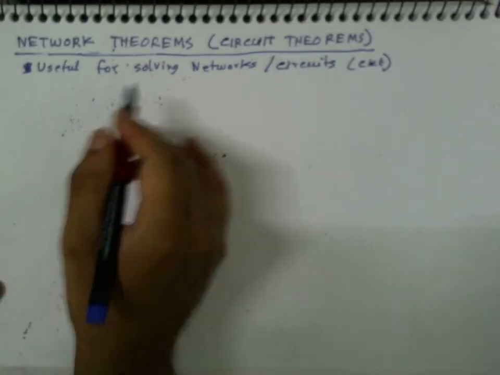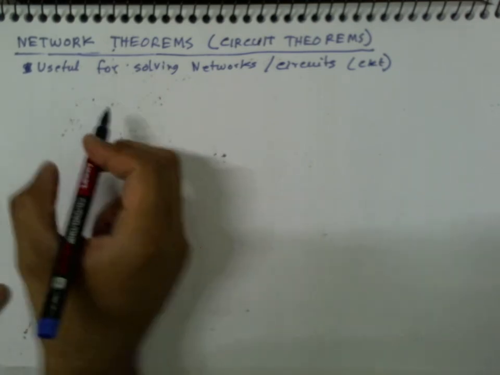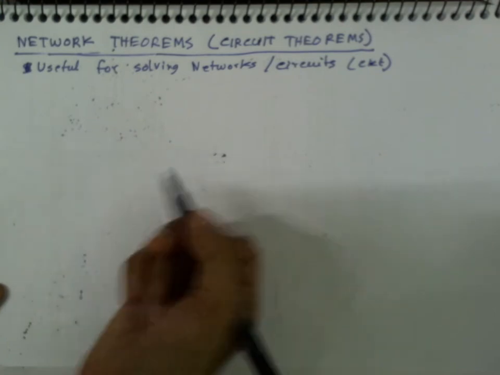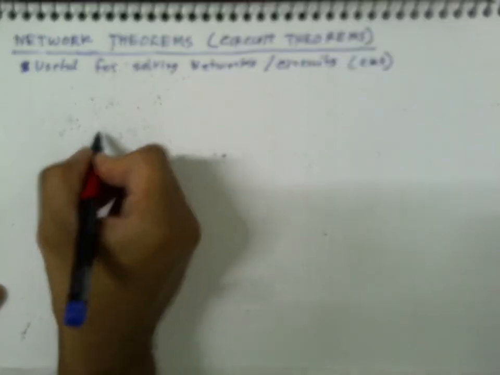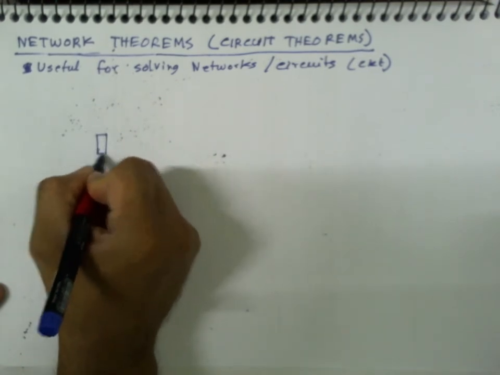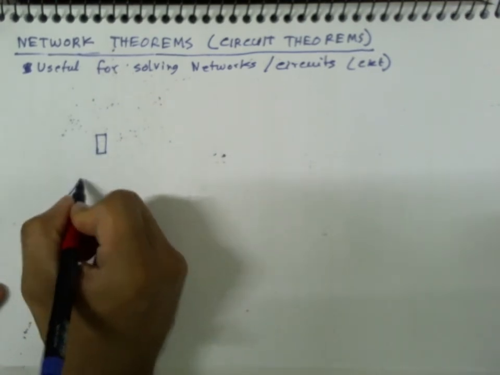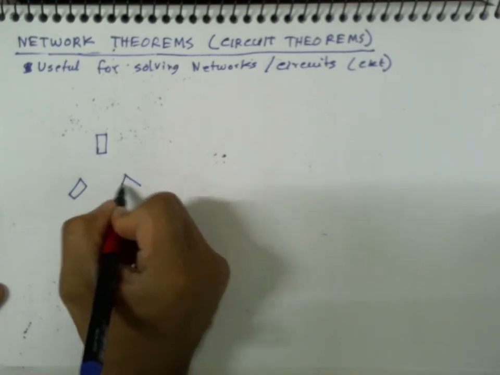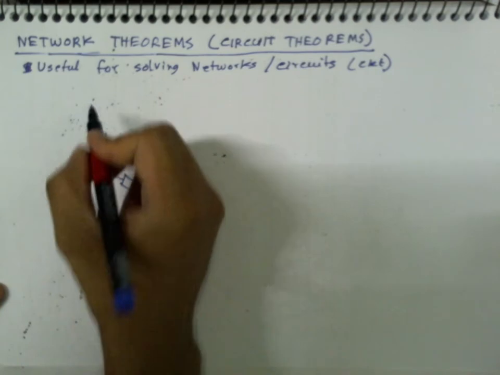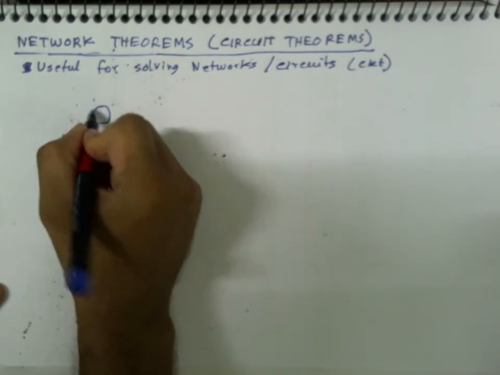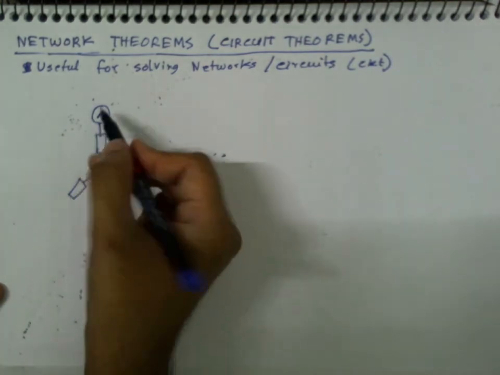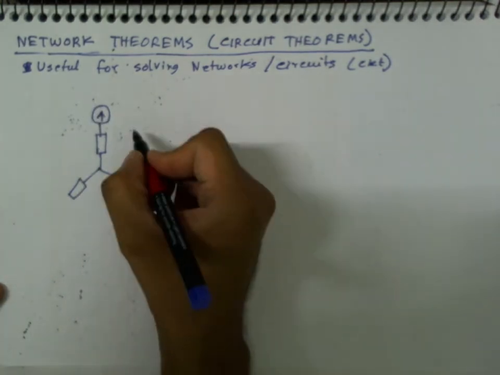So what do we mean by solving a circuit? We mean that we are given a very complicated circuit with a lot of impedances and sources. Let me try to draw a very complicated circuit for you. Let's see if it is complicated enough. Then let me take some sources. I'm taking a current source, which is denoted by this arrow.